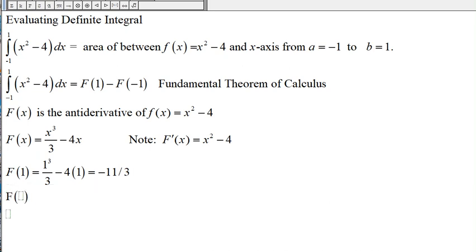Then we need the antiderivative at -1. This is -1 to the third divided by 3, minus 4 times -1, and this will be 11 thirds.